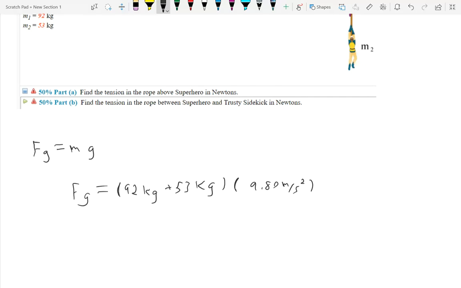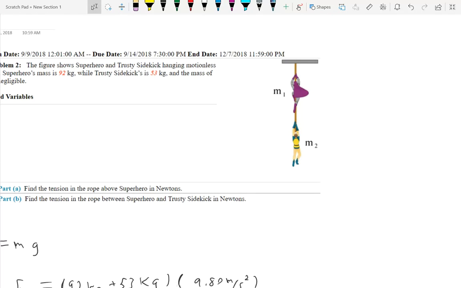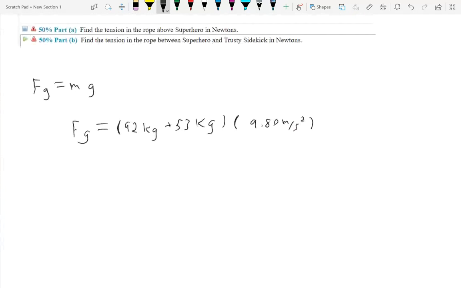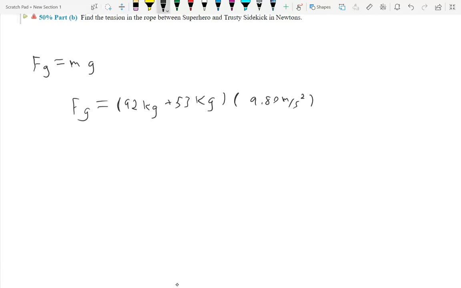And then we know that if we do F equals ma, acceleration is 0 because they're not moving. And so we could do F net is equal to m times 0, and F net is tension minus the weight, which is mass times gravity.